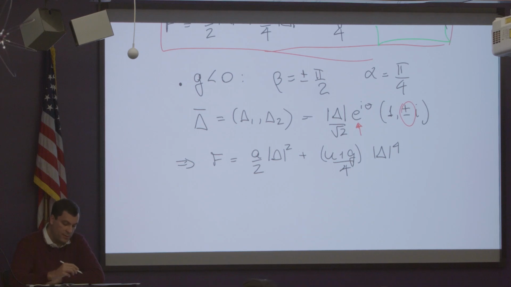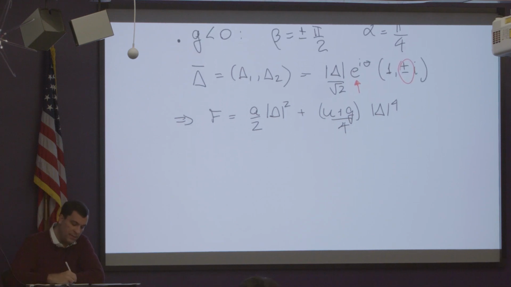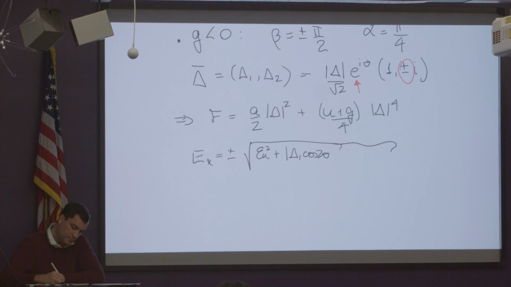So let me ask you this. What happens if I do delta, oops. Six-fold rotation? Let's see if it has six-fold rotation. So I'm going to go back to my energy, which was square root of epsilon k squared plus delta 1 cosine 2 theta plus delta 2 sine 2 theta, squared.